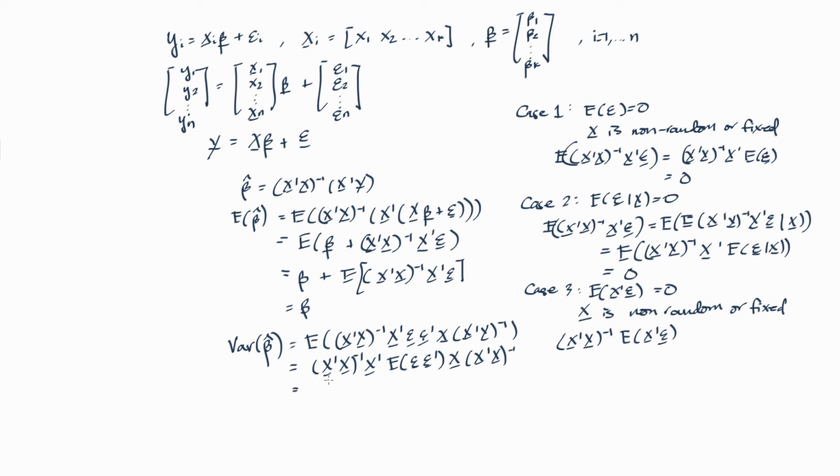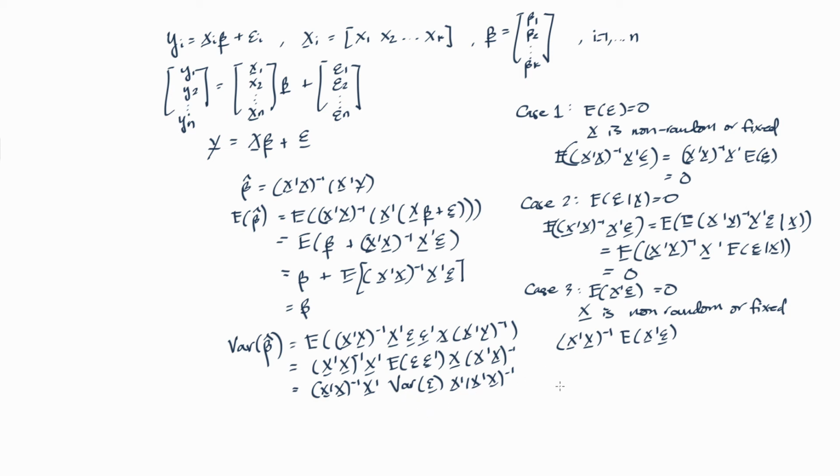And this simply translates to (X prime X) inverse X prime times the variance of epsilon, because we assume that the expected value of epsilon is equal to 0. We assume either we have case 1 or case 2.